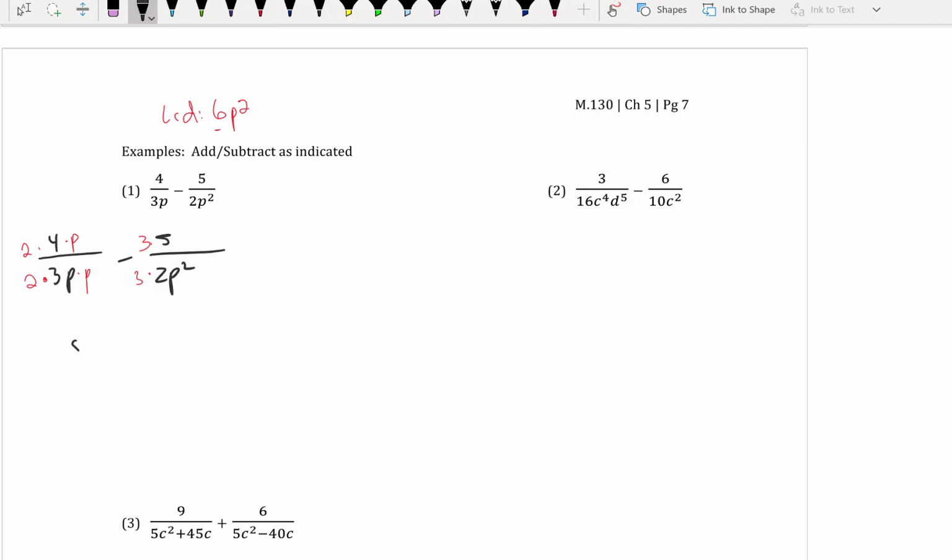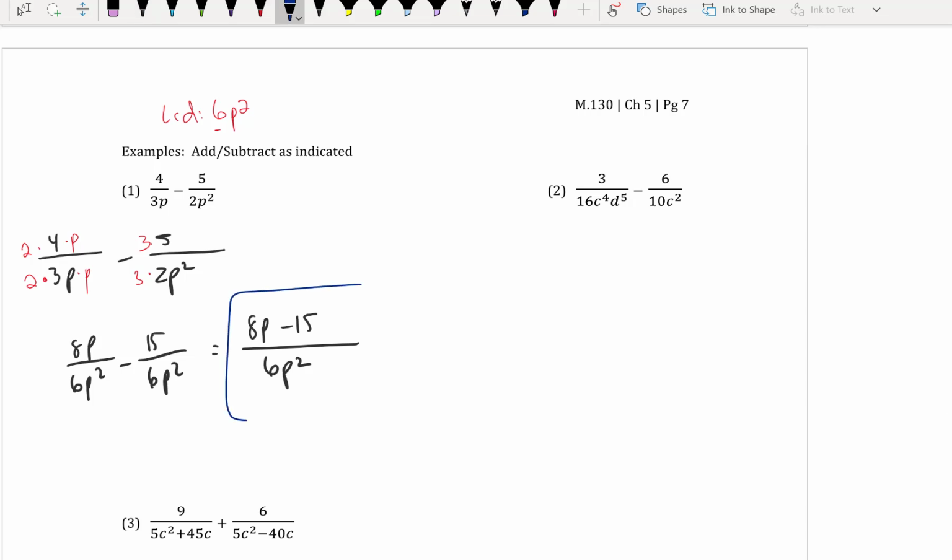So now I have an 8p over 6p squared minus 15 over 6p squared. Perfect. My denominators are now the same. So I have 8p minus 15, and I have a 6p squared in my denominator. And 8 and 15 don't have anything in common, so that's as far as I need to go.